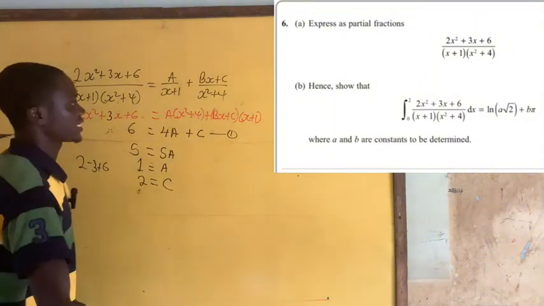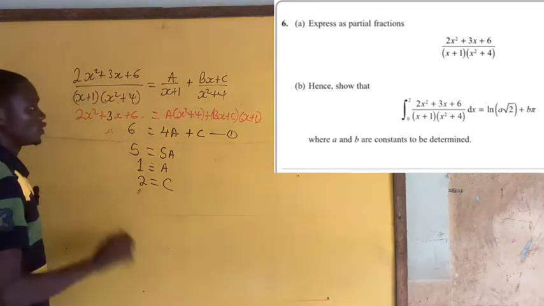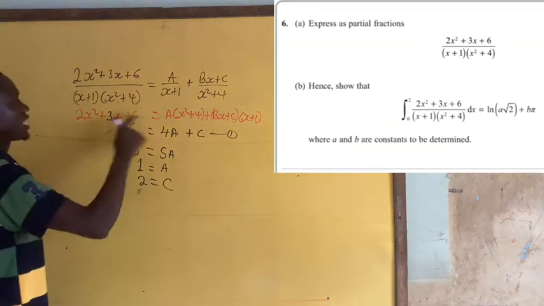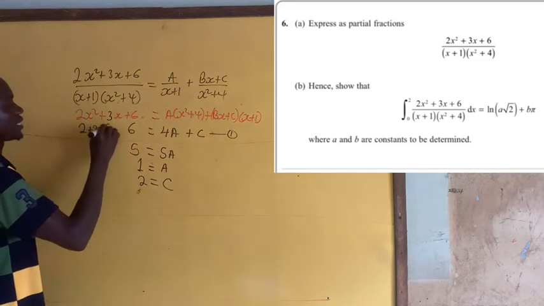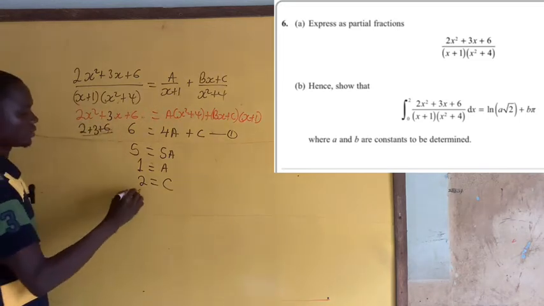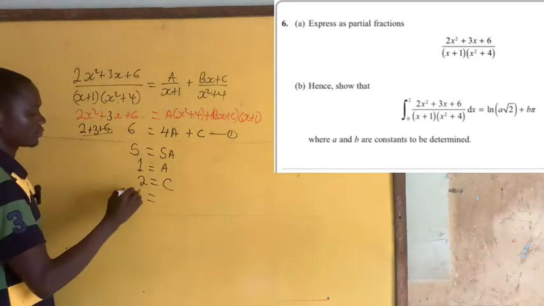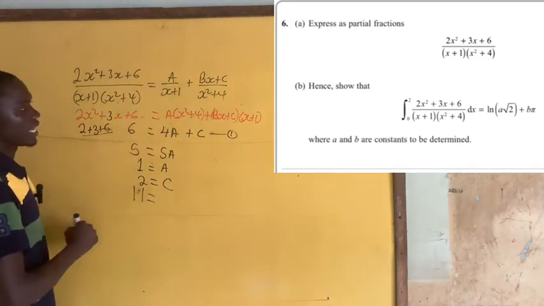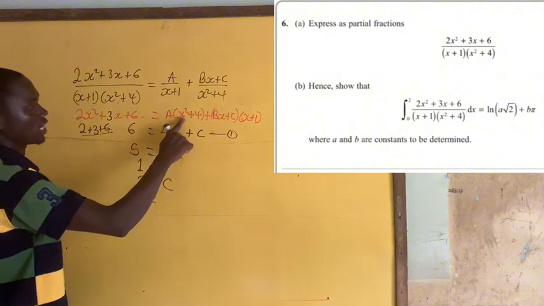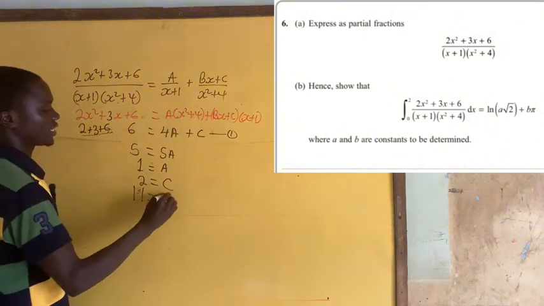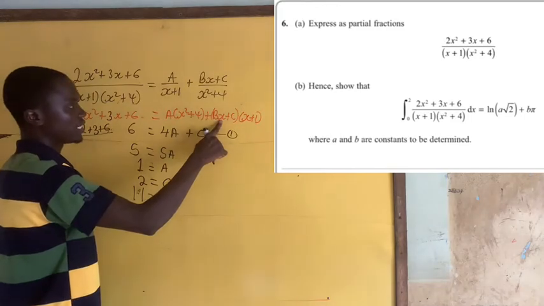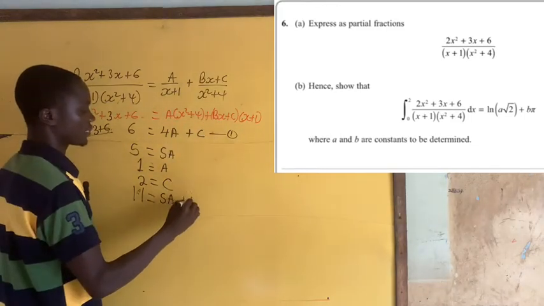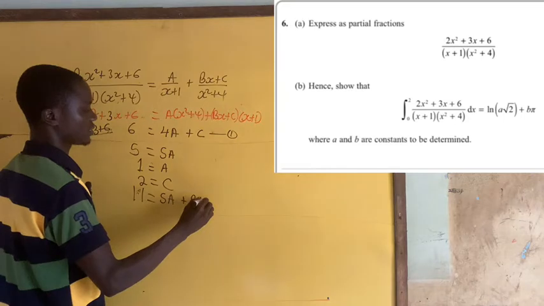Now let us put x equal to 1. On the left, 2 plus 3 plus 6 is 11. On the right, 1 squared plus 4 is 5, so we have 5A, plus (B plus C) times 2.